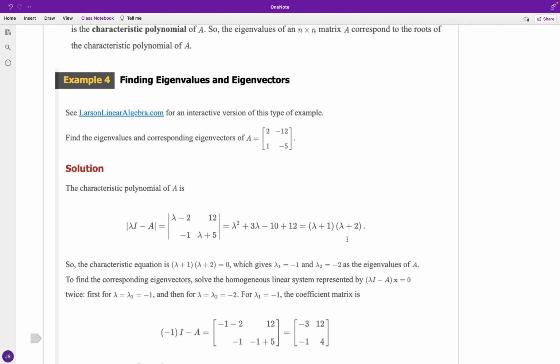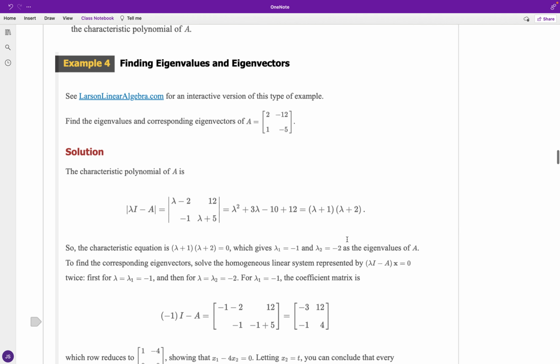In factored form, that is lambda plus 1 times lambda plus 2. So the characteristic equation is lambda plus 1 times lambda plus 2 equal to 0, which gives the eigenvalues lambda sub 1 equals negative 1 and lambda sub 2 equals negative 2.